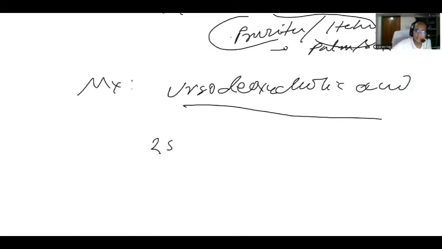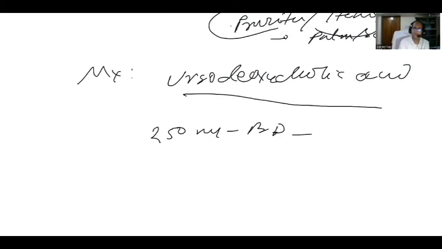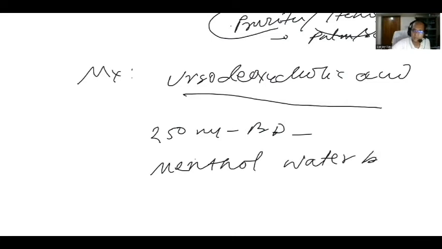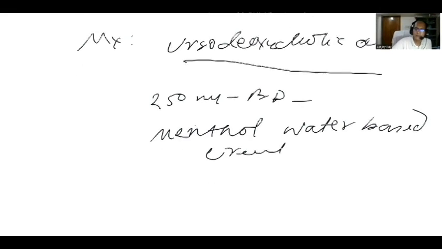Usually 250 milligram BD is enough, and usually by 7 to 10 days the patients get relief of pruritus. Sometimes for a soothing effect, a menthol water-based cream can be used on the palm and sole to relieve pruritus or itching. Here, of course, the delivery of the baby may also be done earlier.